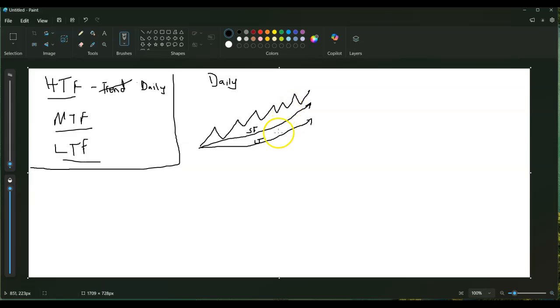Now the problem with this approach is that you could actually lose a lot of money, because if you're just looking at the trend in isolation, you're not taking a look at the leg, meaning the rotation. So what causes intraday movements to go up or down is a daily chart. The daily is impacting the intraday. And specifically, it's the daily rotation.